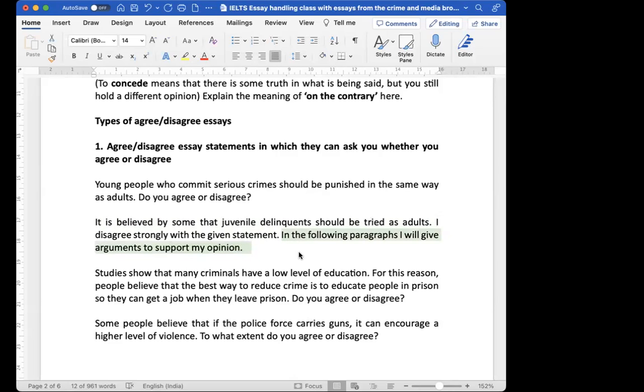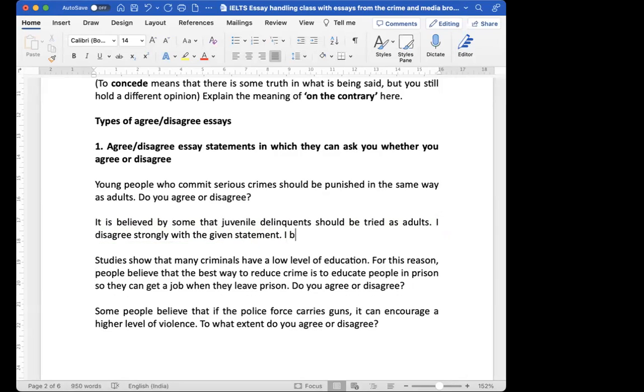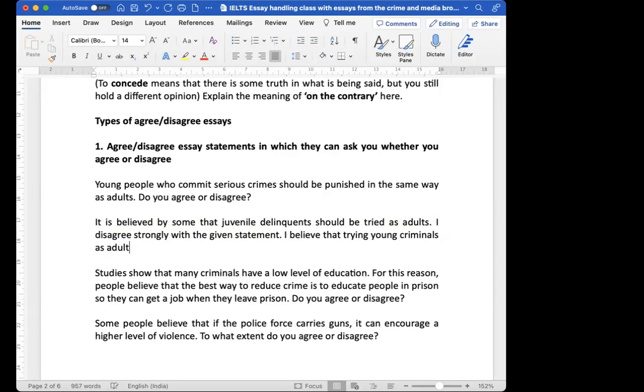You can say, I believe that trying young people as adults would have many negative effects, or many would be very detrimental effects on their life.